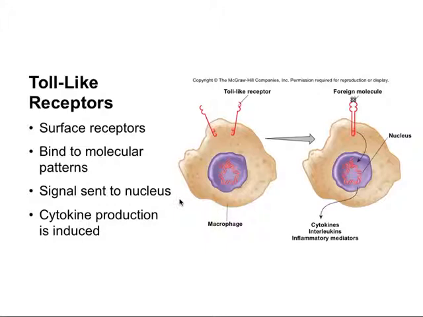They're surface receptors on the macrophage, and they bind to particular PAMPs, or molecular patterns, on foreign molecules. The signal is sent into the nucleus, and then the nucleus will work to produce cytokines, interleukins, and other inflammatory mediators to launch an inflammatory response against this foreign molecule.